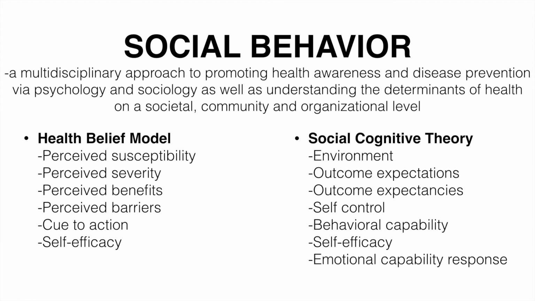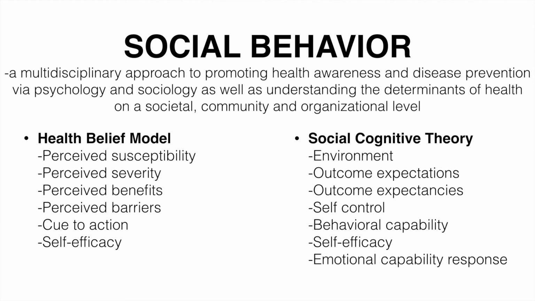So the health belief model has several points: perceived susceptibility, perceived severity, perceived benefits, perceived barriers, cue to action, and self-efficacy. I'm going to briefly go through each one of these, hoping that you will get an idea and understand what needs to be considered when we tell a population, tell a community, you have to make interventional changes in order for us to get over this disease obstacle that we're all facing.